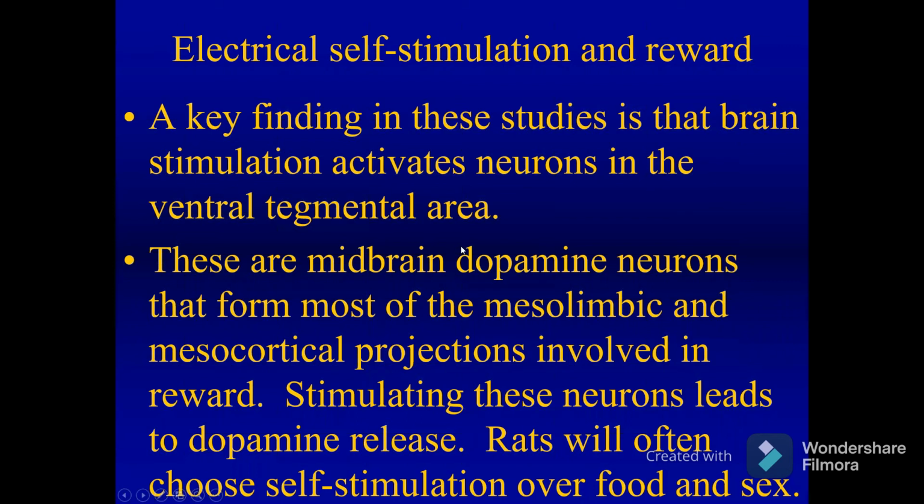So the key point regarding this study is that brain stimulation activates neurons in the ventral tegmental area. Now these are the midbrain dopamine neurons that form most of the mesolimbic and mesocortical projections involved in reward. Stimulation of these neurons leads to dopamine release, and rats will often choose self-stimulation over food and sex.